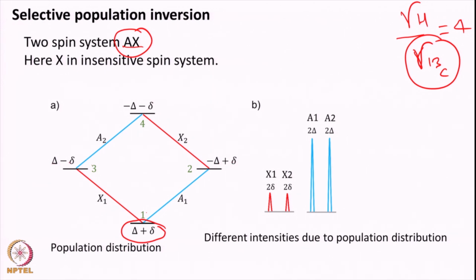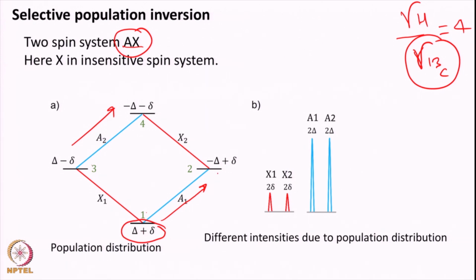Now, the 2 transitions happening for the A spin are this one and this one, A1 and A2, and for X they are X1 and X2. X is our insensitive nucleus. The intensity of each peak depends upon the difference in population.